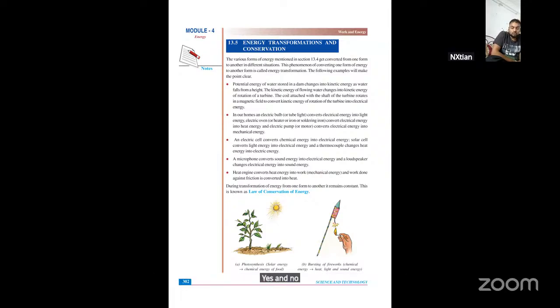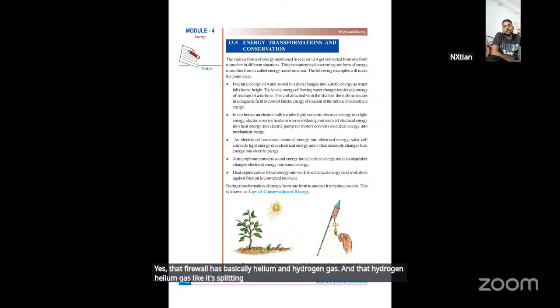Joshua, so you should ask that, sir, we are getting energy from the sun, so how is the sun making energy? No, it's not making energy. See what the sun is doing. The sun is, we can say, a fireball. That fireball basically has helium and hydrogen gas, and that hydrogen and helium gas is splitting in a chain reaction.